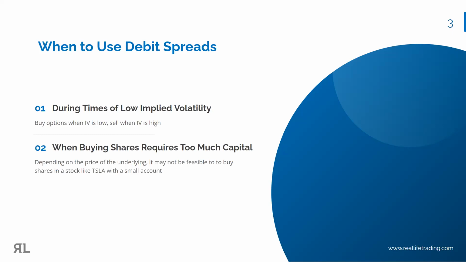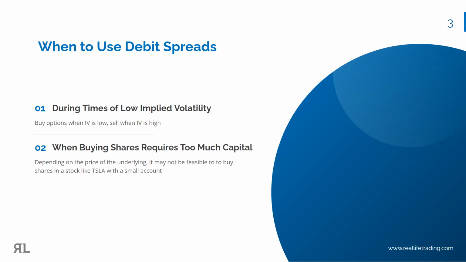Sure enough, market opens, AMD gaps up, and your calls are very profitable. If you don't exit that position within the first hour of market open, you'll notice that even though price is going up, the value of your options starts going down. And that's the volatility crush.